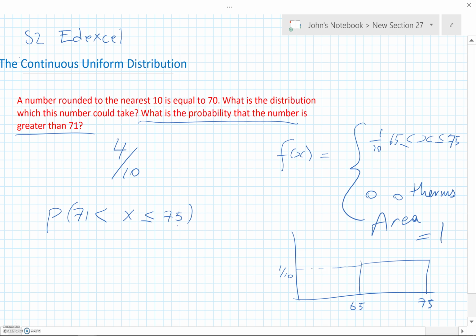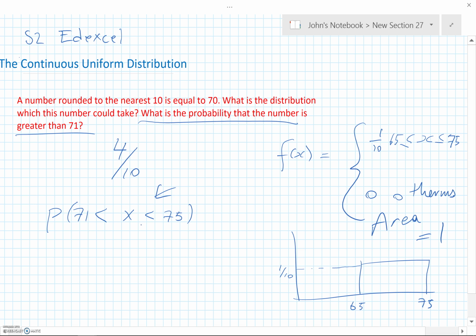75. Now I get into some conversations here about whether we're allowed a strict inequality here or not. But actually, when we look at continuous distributions, it really doesn't make any difference because we're looking at areas, at ranges of values. The probability of taking it bang on a number is actually 0.